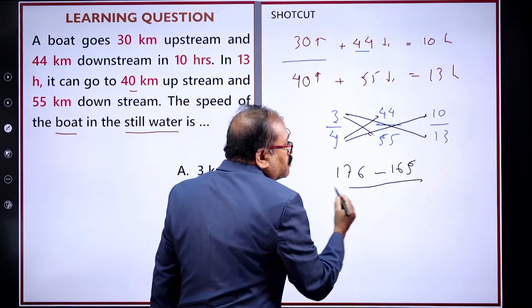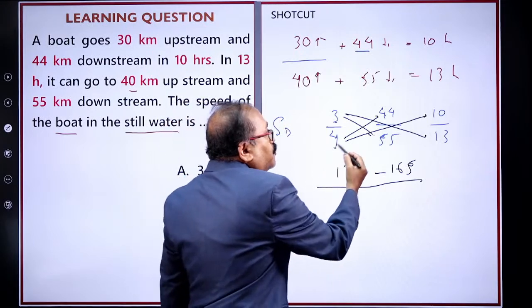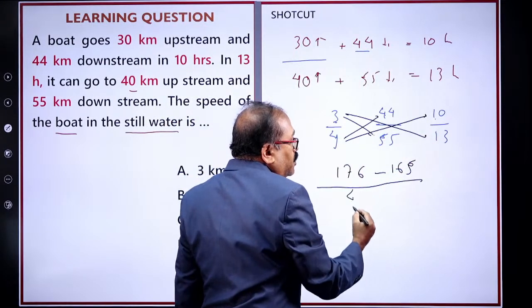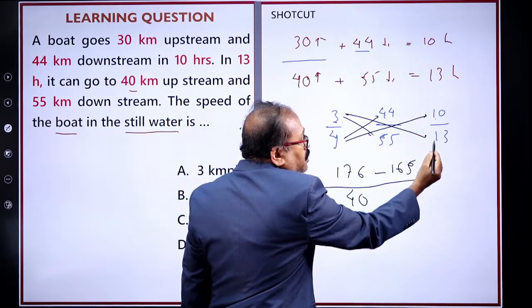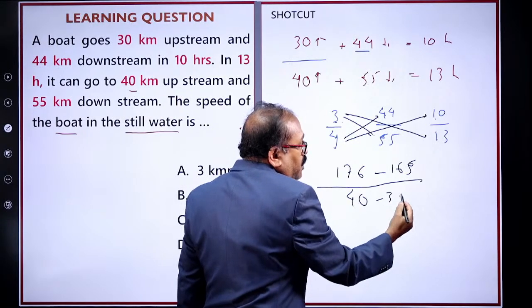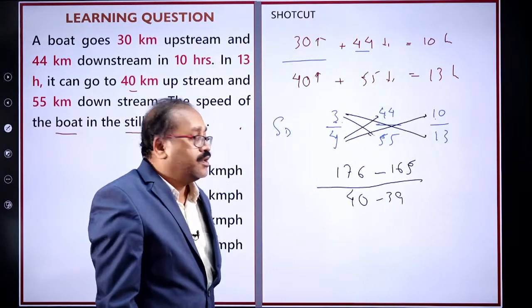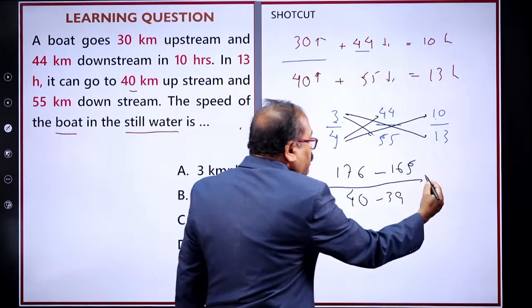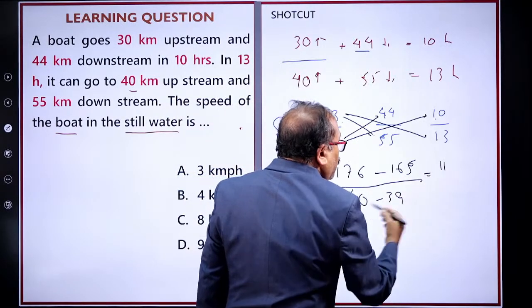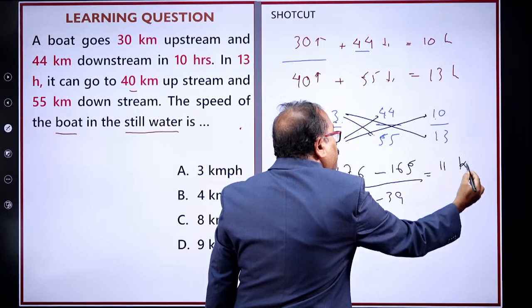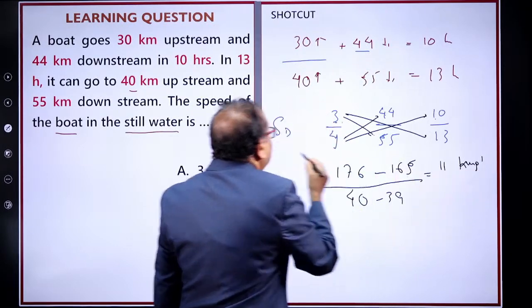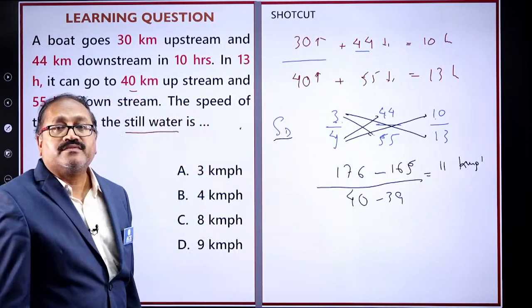Divided by 4 into 10 is 40, and 3 into 13 is 39. So now look at this part. Here I am getting 11 and here 1. So this 11 km/h is the speed of downstream.